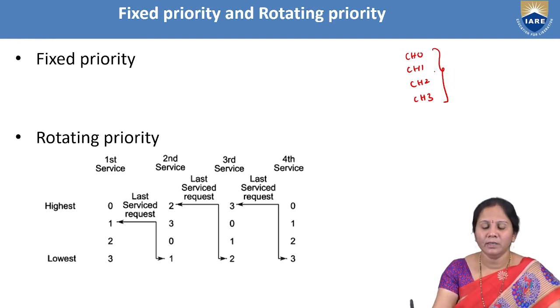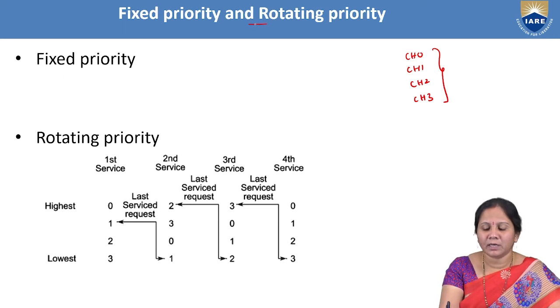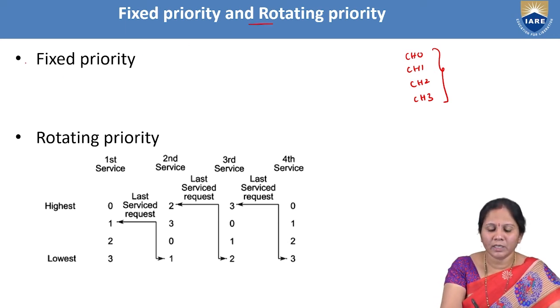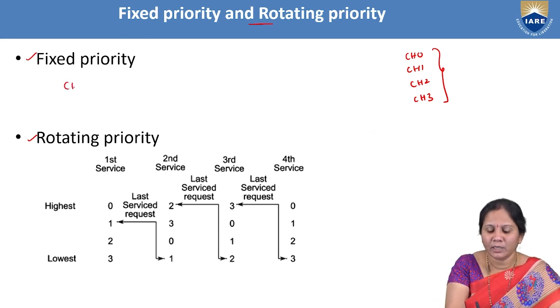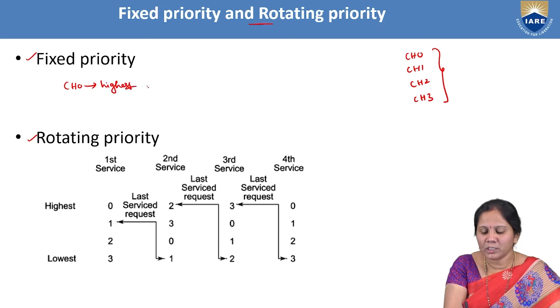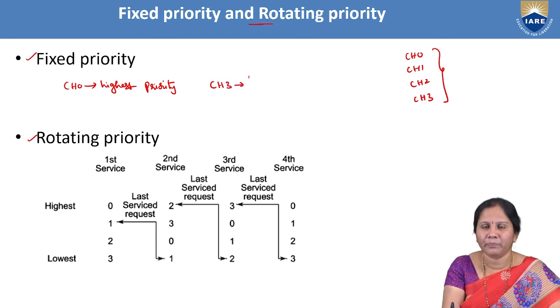Here we can make this DMA controller operate in the fixed priority mode or rotating priority mode. When it is operating in the fixed priority mode, by default, channel 0 will have the highest priority, and channel 3 will have the least priority.